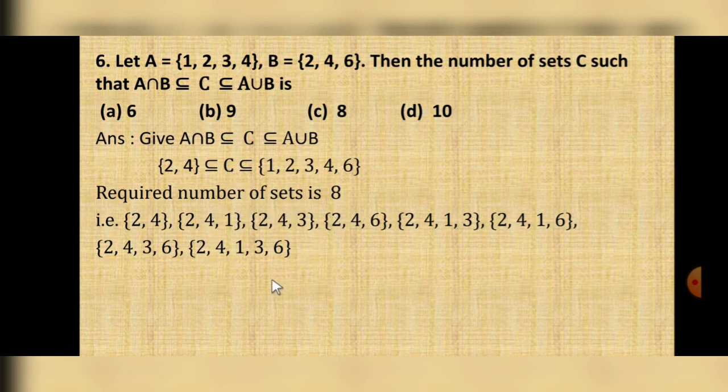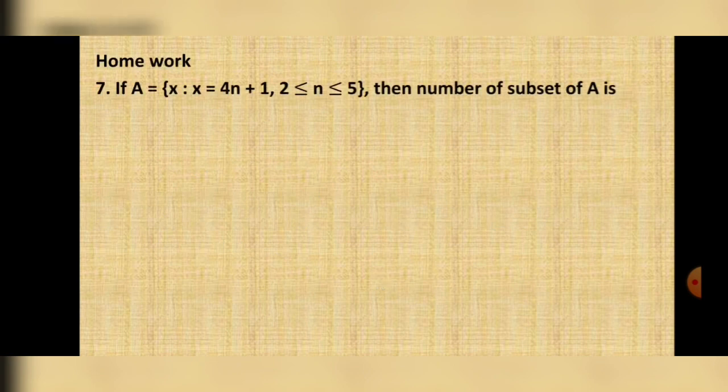So just verify all these sets by using the given condition. By using these methods, students, next try this example. If A equals {x such that x = 4n + 1, n greater than or equal to 2 and less than or equal to 5}, the number of subsets of A is.